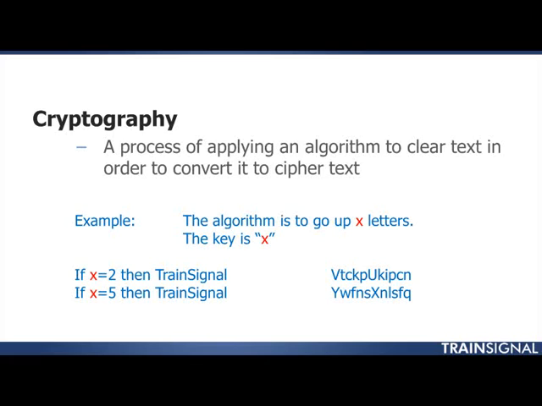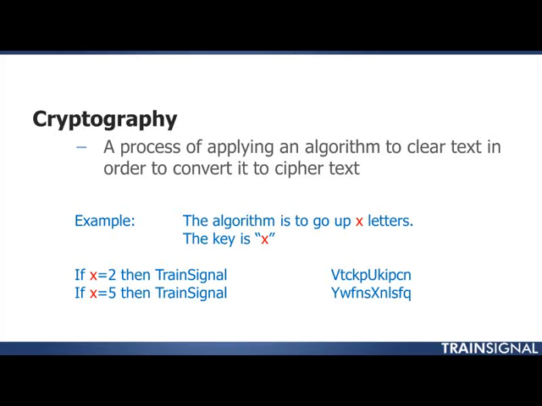So if our key, or X, is 2, then the algorithm says go up 2 letters. So the name train signal in clear text would be converted into VTCKPUKIPCN. That's the ciphertext that represents train signal.